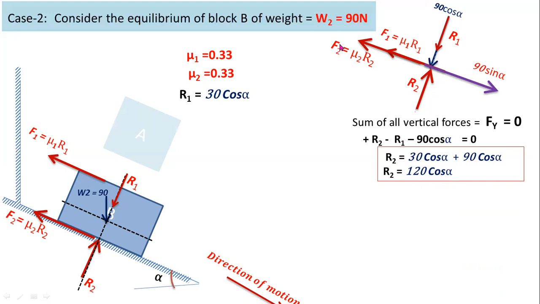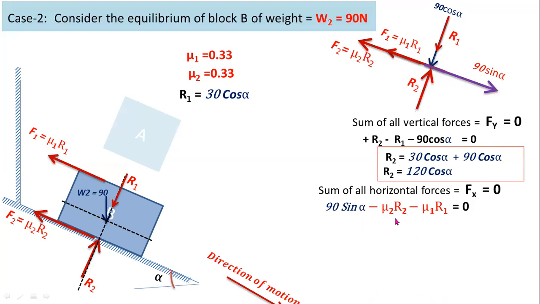Now resolve all the forces parallel to the inclined plane. These three are the forces lying on the x-axis. For right side action, you have to consider positive sign. For left side action, you have to consider negative sign. So 90 sin alpha minus mu2 R2 minus mu1 R1 equal to 0.